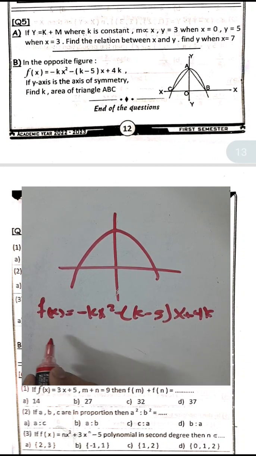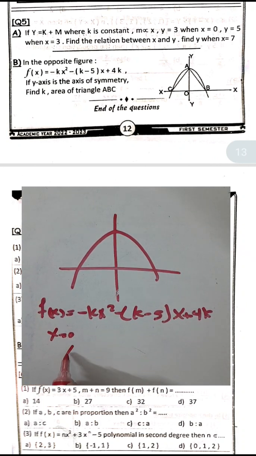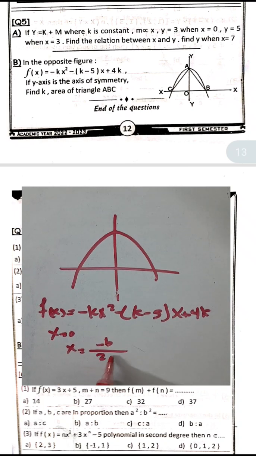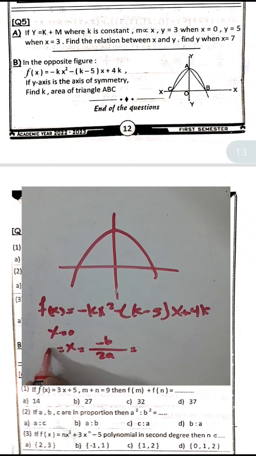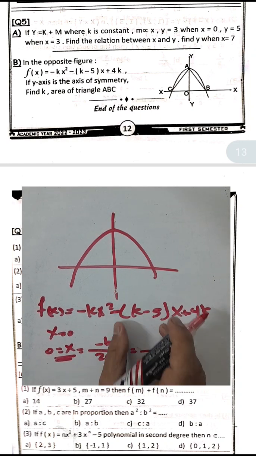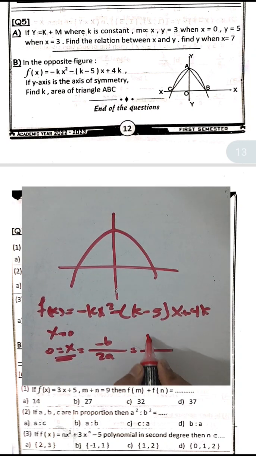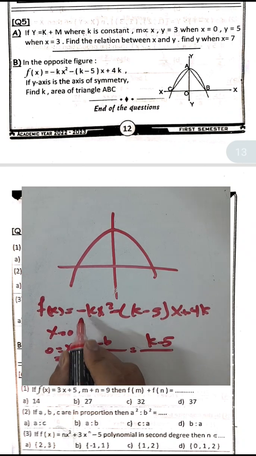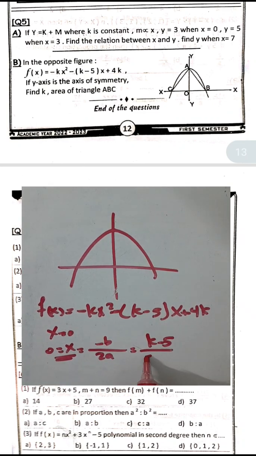The equation of the line of symmetry is x equals 0, and we know x equals negative b over 2a. Then x equals 0 equals negative b over 2a. What's this function? Negative b over 2a, right? (k minus 5) over 2 times a, it will be negative 2k, and then equals 0.